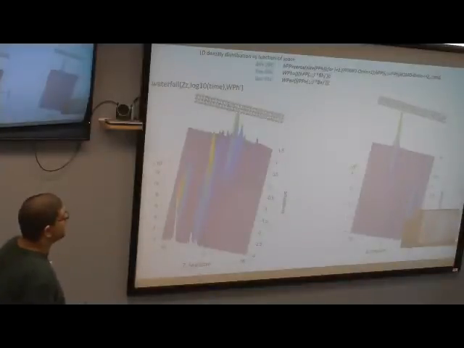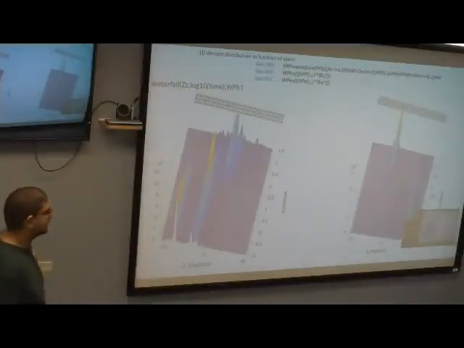Okay, and then this line of code here, we have density distribution as a function of space. So this is all the Matlab code we're using to make these graphs. This is a similar graph to the graph we had 2 slides ago.